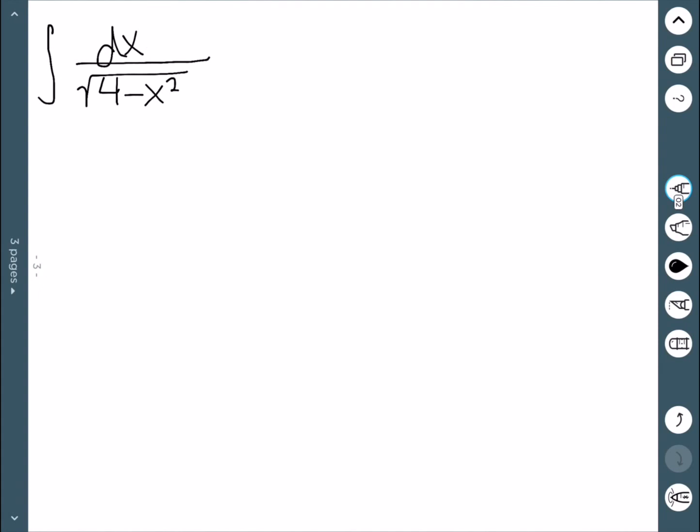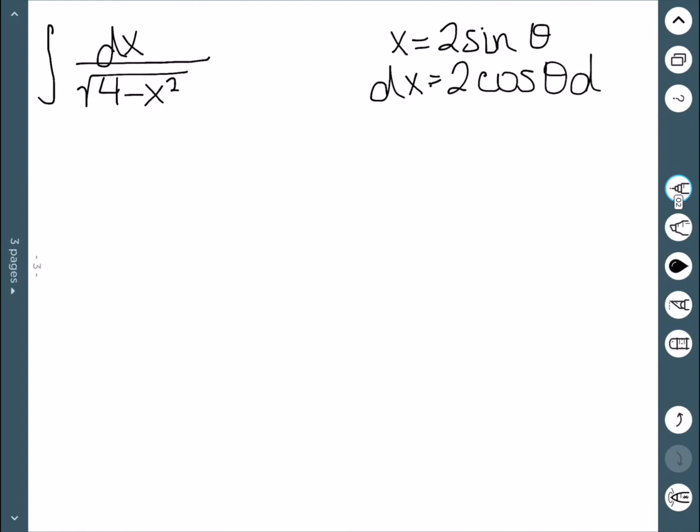Let's try this example. I do see the a squared minus x squared, so I'll let x be equal to 2 sine theta, which means dx will be 2 cosine theta d theta. The numerator, dx, is now 2 cosine theta d theta.